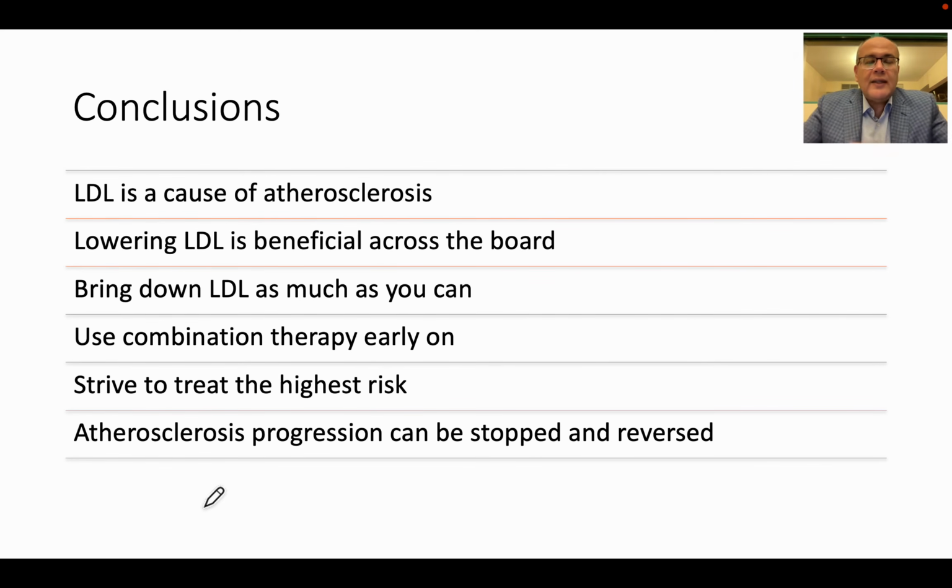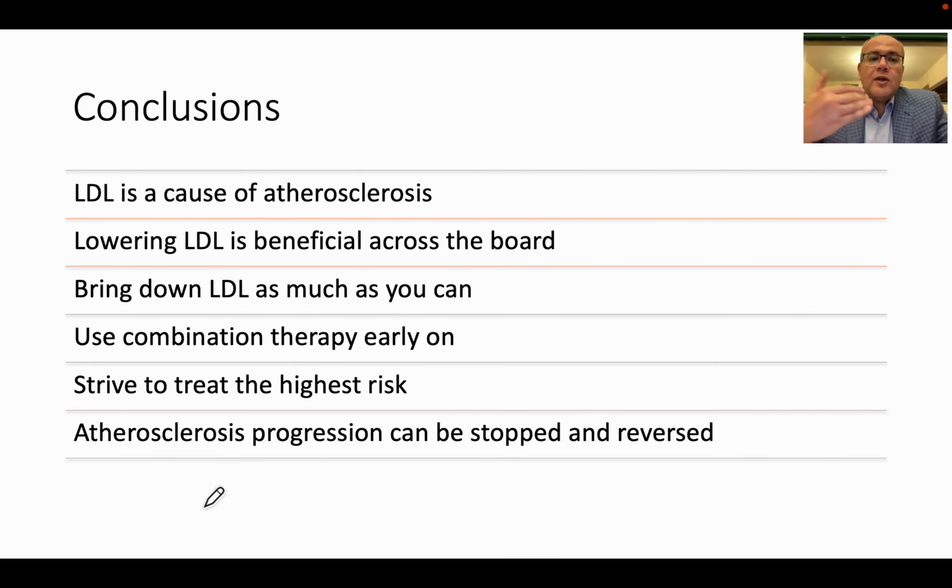So to conclude, I need you to remember that LDL is not just a risk factor, it's a cause of atherosclerosis. Lowering LDL is beneficial for almost everyone, old, young, high risk, low risk, excluding, of course, ladies in the childbearing period. We always try to bring down LDL as much as we can.